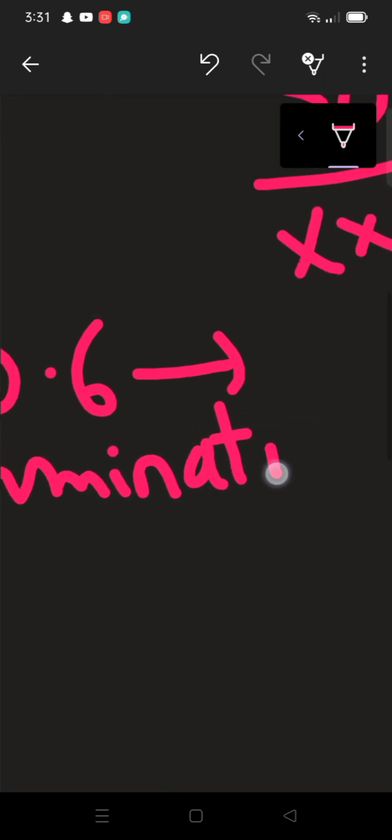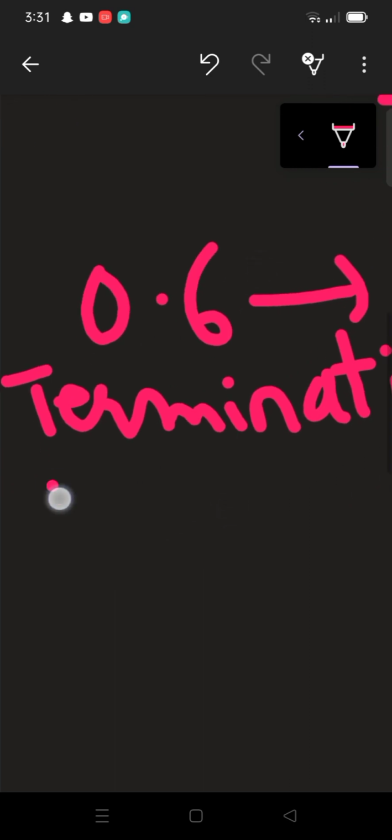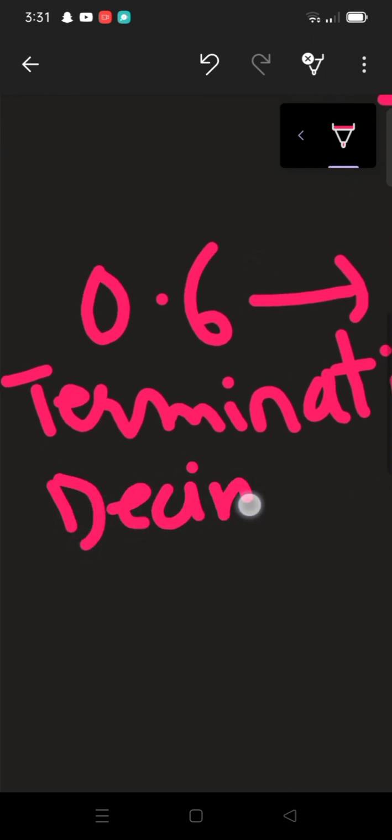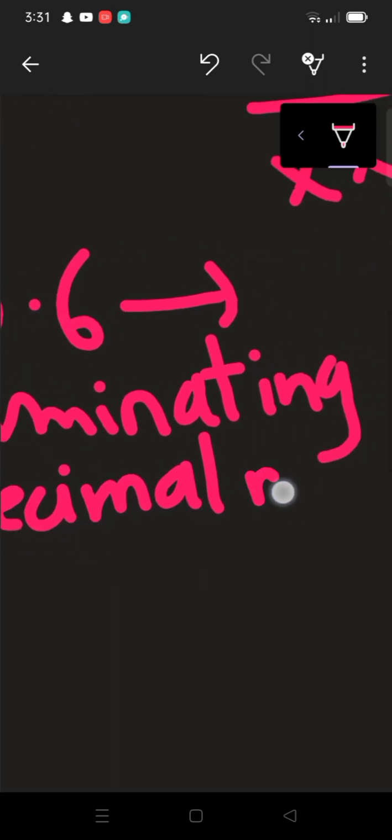So this number is basically a terminating decimal number, just because there is only one digit after the decimal point. If I put here 0.625, that would be also a terminating number. So this is nothing but a terminating decimal number.